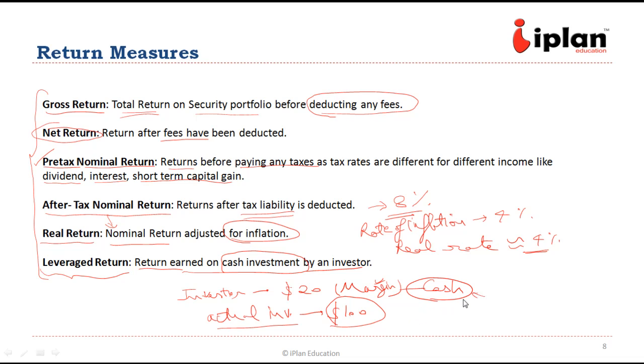For example, the return was 8% on this $100. On $20, it will be higher. 8% is $8 here, and $8 as a percentage of $20 will be 40%, which is 5 times, because of the 5 times leverage here, because margin was only 20%.